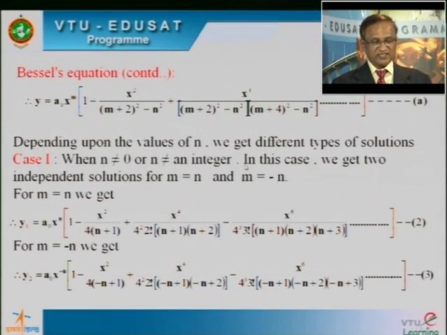So in that case, what is the solution? I can take m = n. It means in this equation, wherever m is there, I want to replace m by n.